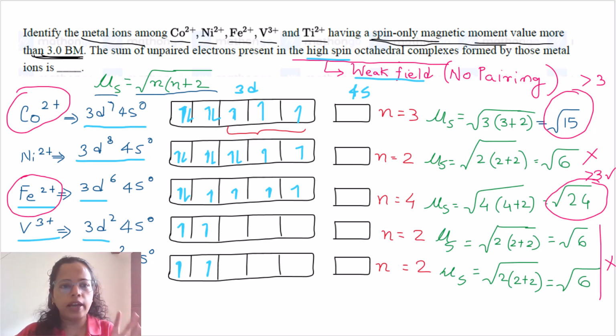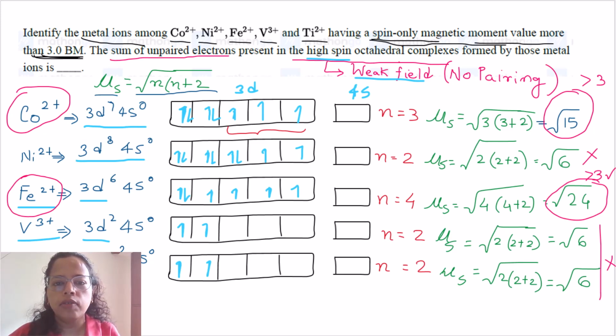We have identified Co2+ and Fe2+, and then they are asking us to add their number of unpaired electrons. That will be the final answer to this question.